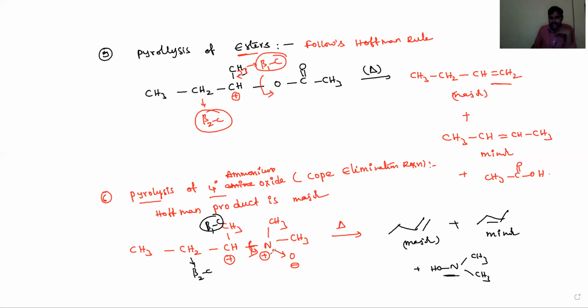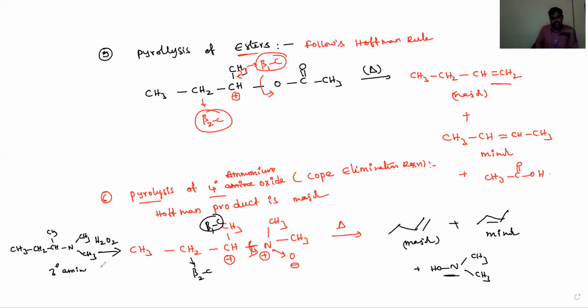Now how is this nitrogen ammonium oxide, the quaternary ammonium oxide, formed, dear students? It is formed by oxidation with hydrogen peroxide. For example, this alkyl group is a tertiary amine.